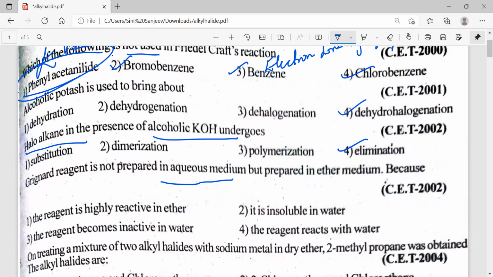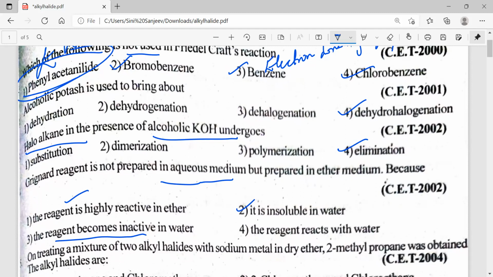First option, the reagent is highly reactive in ether. Second one, it is insoluble in water. Third one, the reagent becomes inactive in water. The last one, the reagent reacts with water.